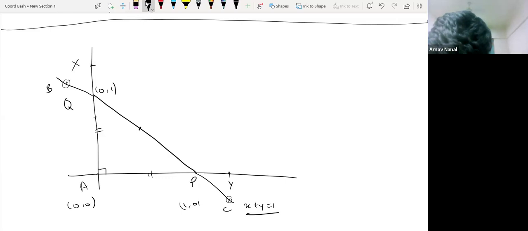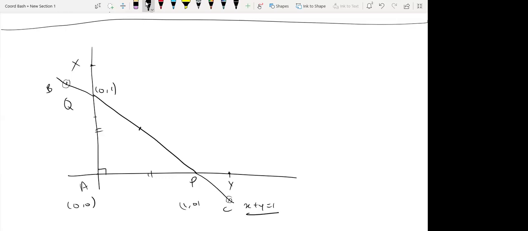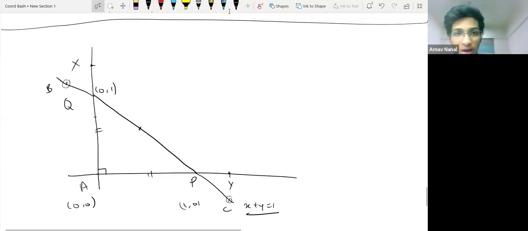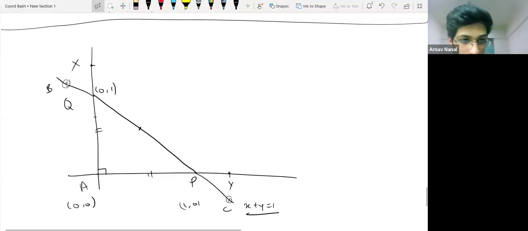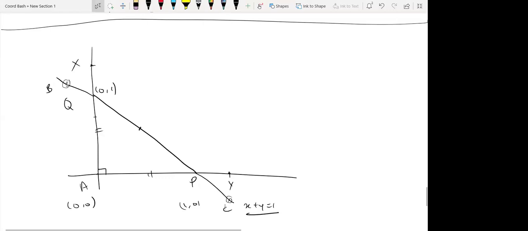Sorry? You only need the difference of their coordinates. Wait, I could not quite understand you. Can anyone understand what is being said? You only need to know the difference of the coordinates.